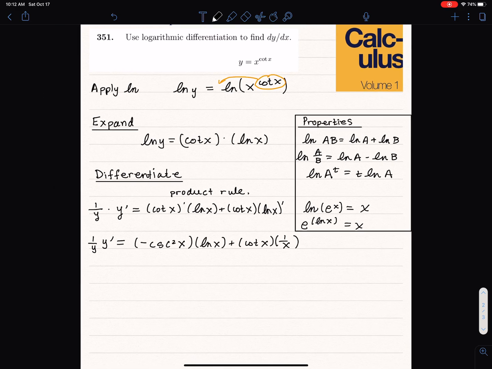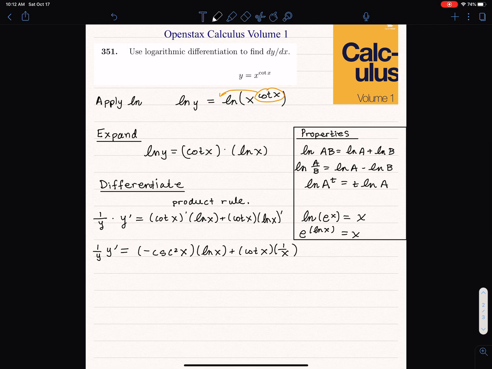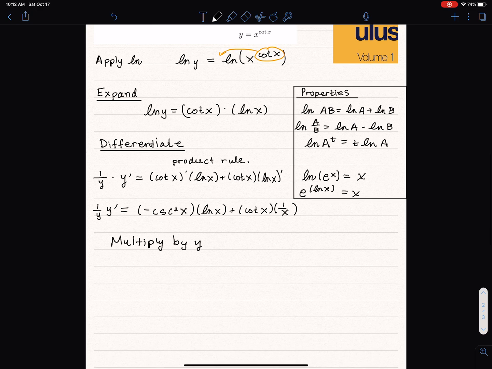All right, so moving along here, I'm going to multiply by y, and I get y prime is equal to y times all this stuff: negative cosecant squared x times ln x, plus cotangent x divided by x. Then I will substitute back for y.